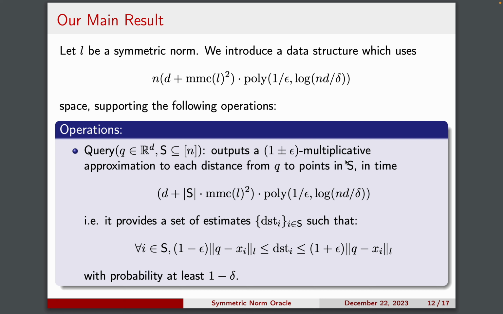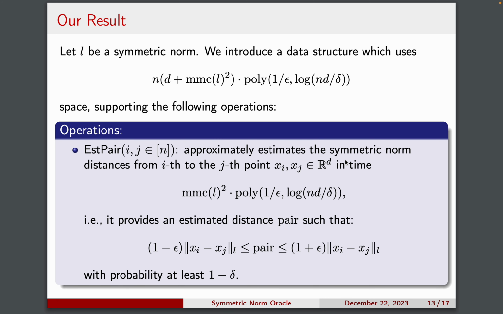If we have a query point, our data structure can answer the query in time (d plus the size of S) times mmc(L) squared, and it provides a set of estimates which are 1 plus or minus epsilon of the distance. Also, if we want to answer the distance between two points in the dataset, this data structure can answer in mmc(L) squared time.